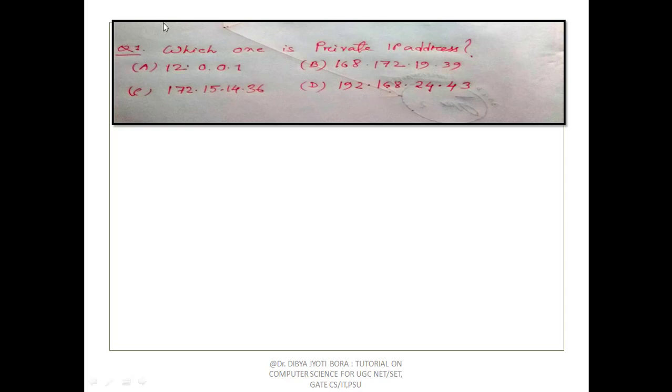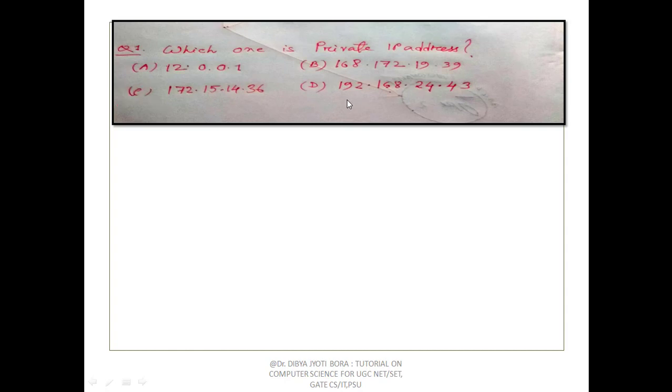Then option C, 172.15.14.36. You might remember that class B's private range starts from 172.16.0.0, so this is 15. So this is again opted out.